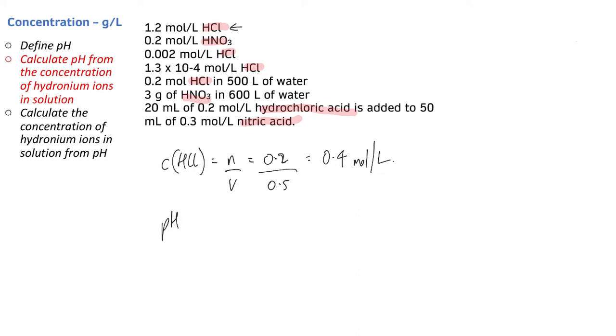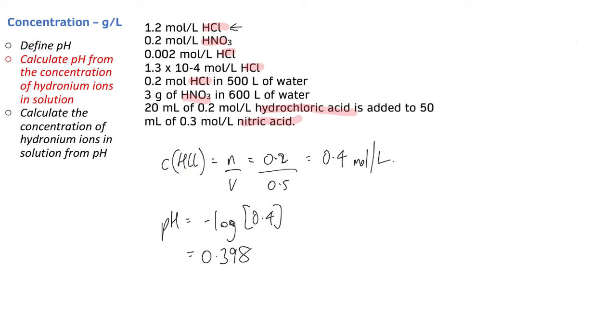Therefore, the pH is equal to negative log [0.4], which is equal to 0.398.